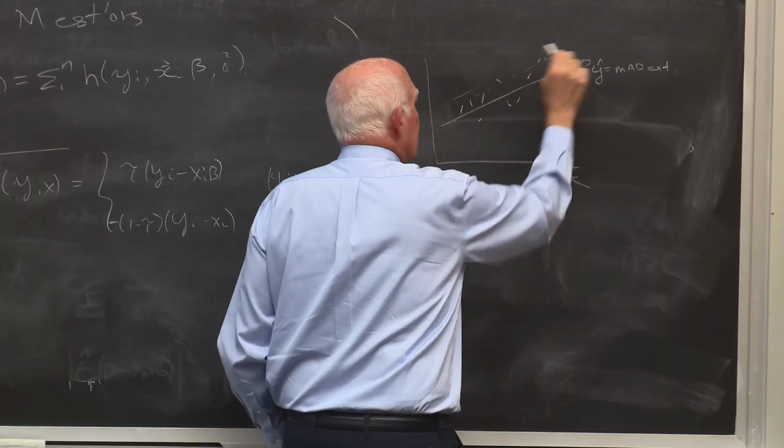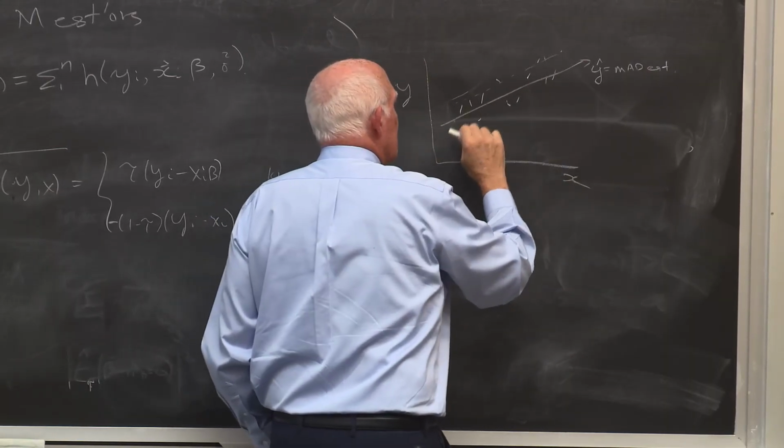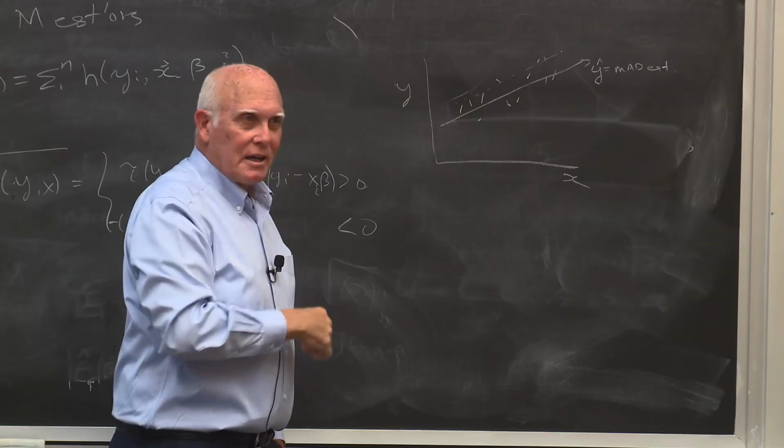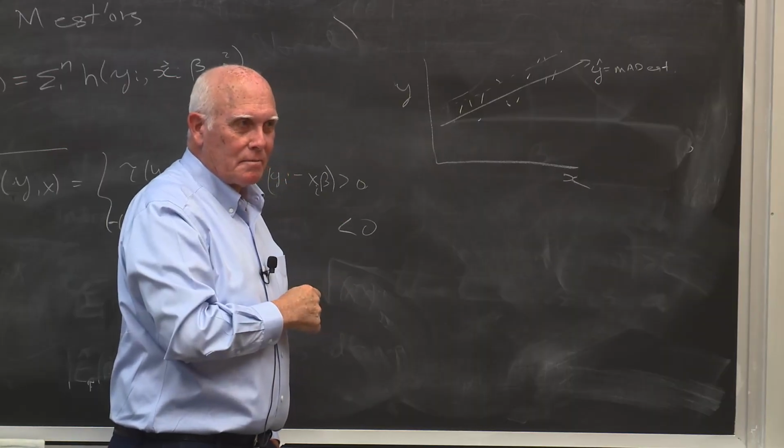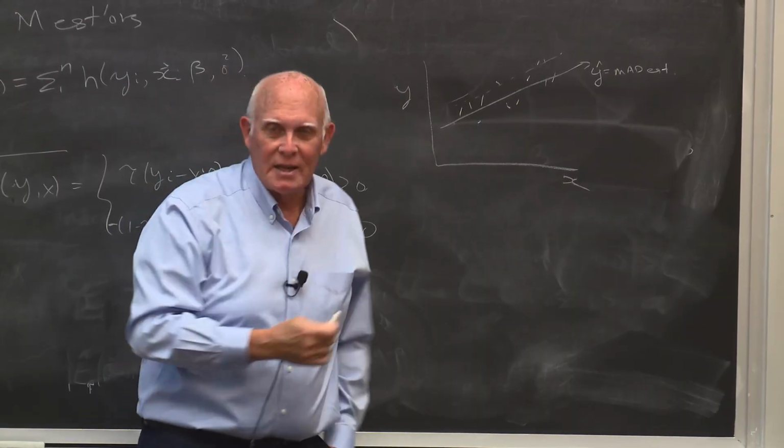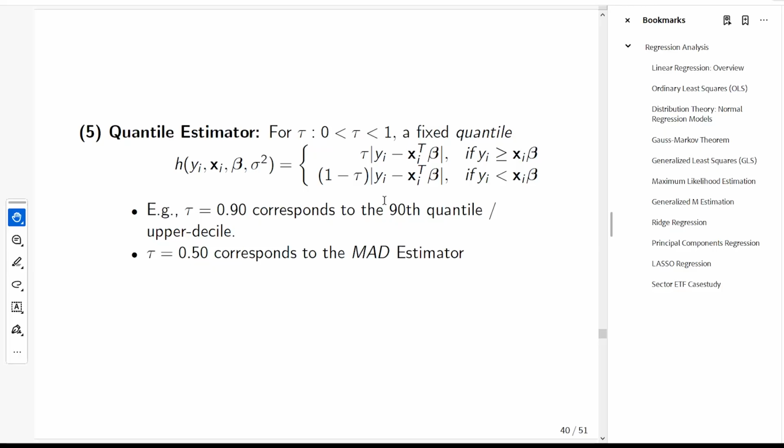We actually can get estimates of the 90th percentile of outcomes of the regression model. Now, what's interesting mathematically is how would one calculate the mean absolute deviation estimate or this quantile estimator?